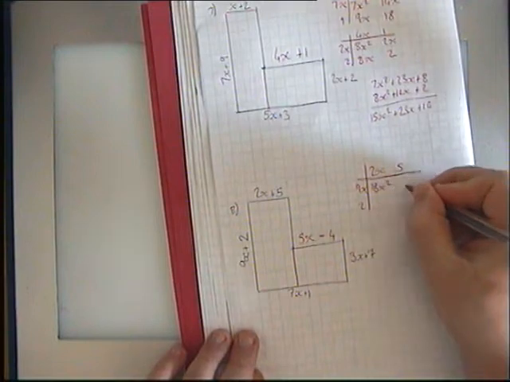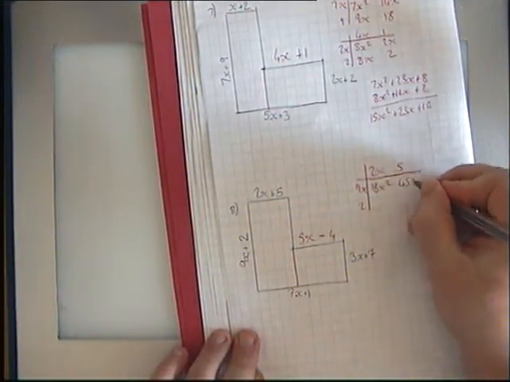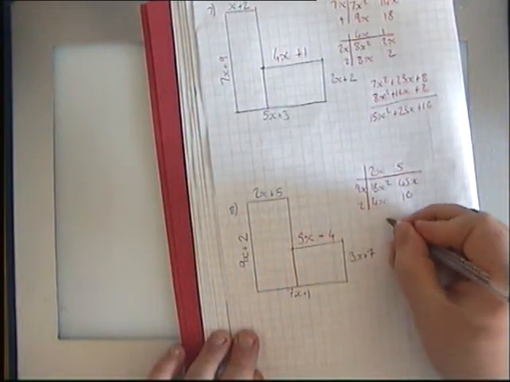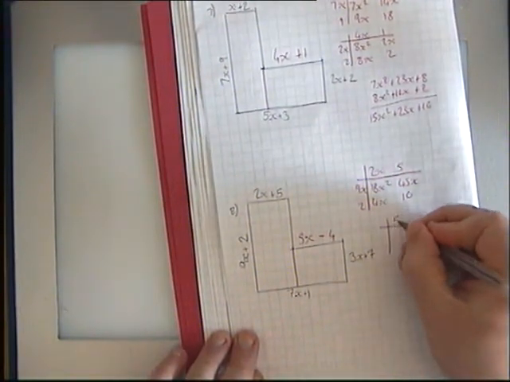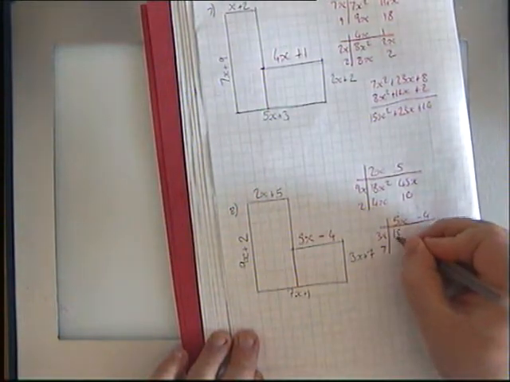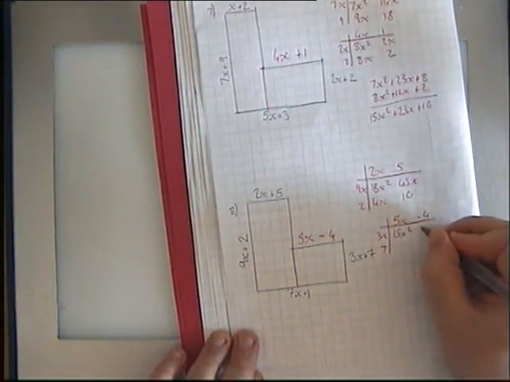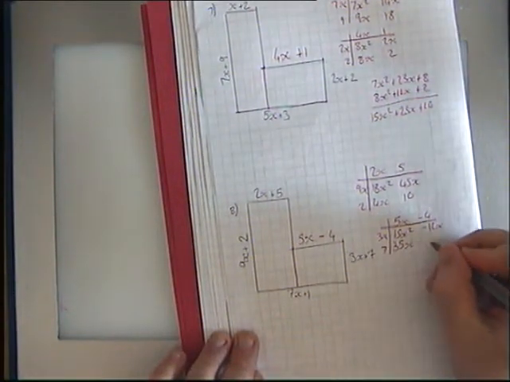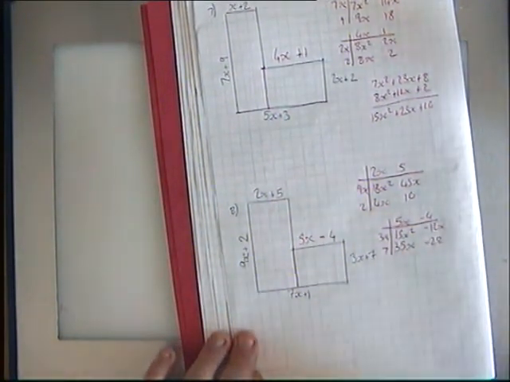That's 18x squared, 45x, 4x, and 10. My second grid is going to be 5x minus 4 times 3x add 7. That's 15x squared, minus 12x, 35x, minus 28.